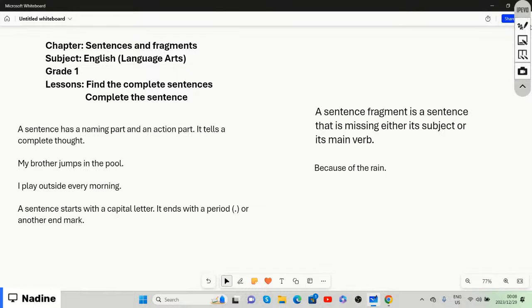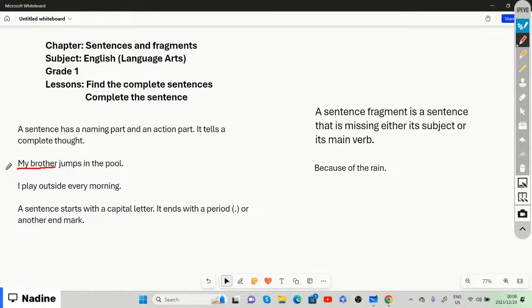For example, my brother jumps in the pool, which means that my brother is the naming part, which is the noun, and jumps is the action part, which is the verb.